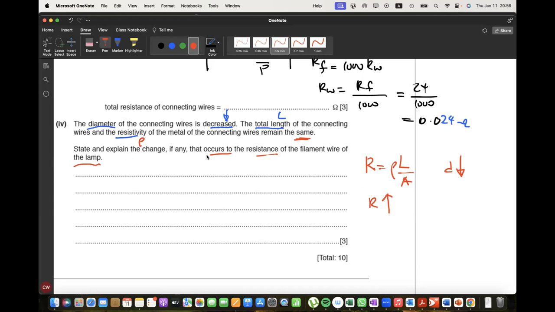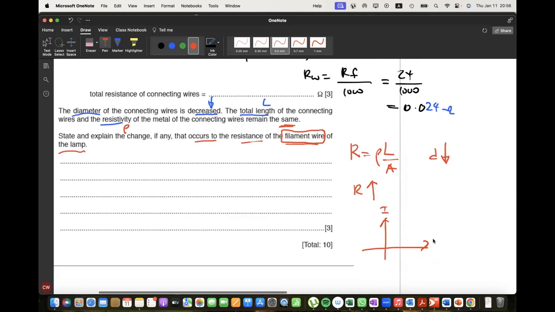State and explain any changes that occur to the resistance of the filament wire, the length. Okay, so we have to go back to the filament wire. Right now, do you remember the graph of the filament wire? Wire got graph one. If like that, what does it mean? Ohmic, right?